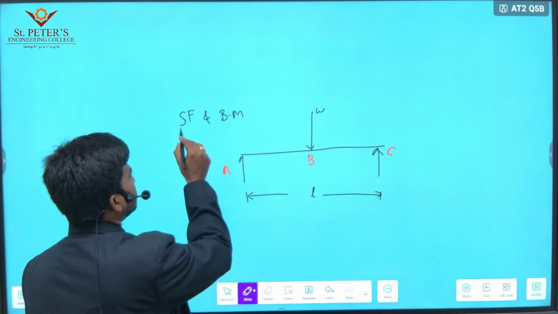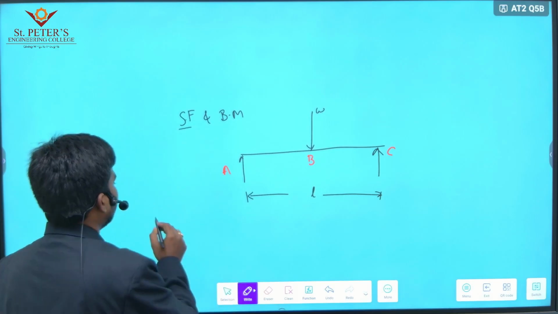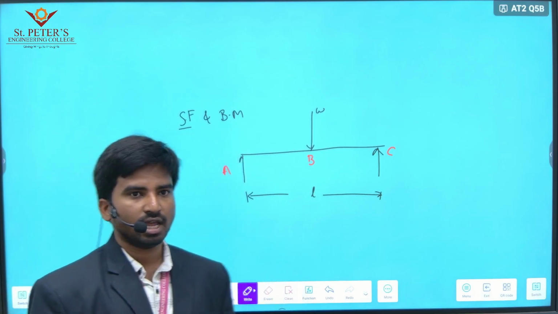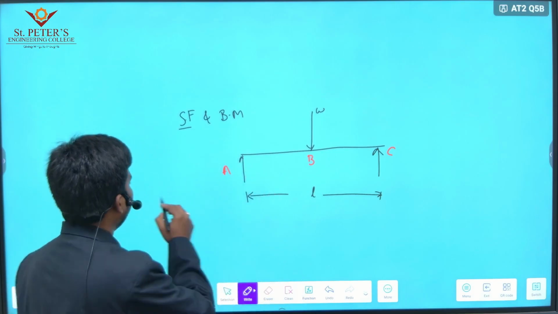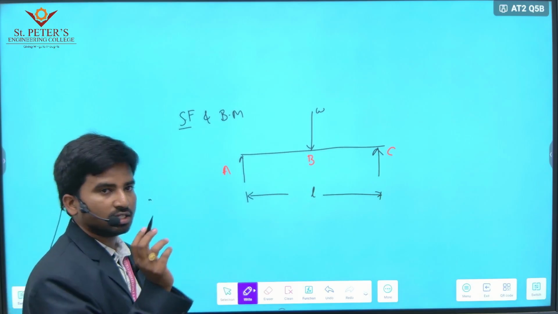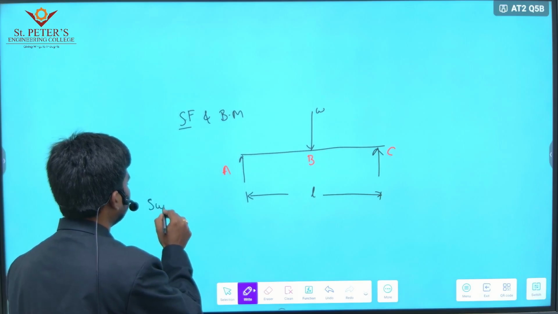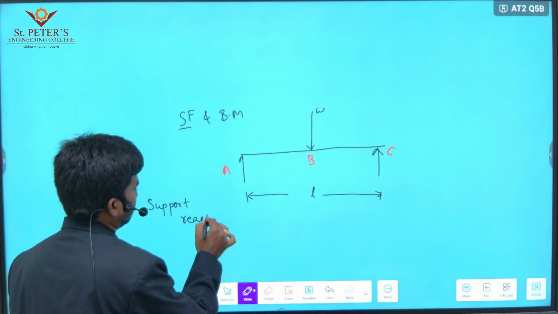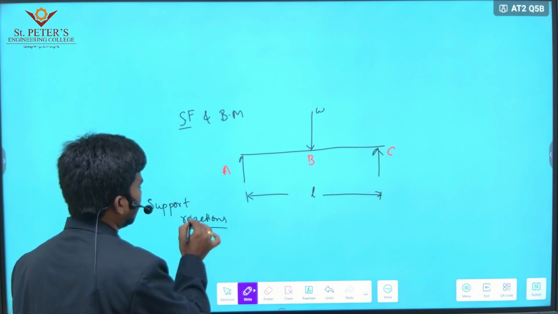Shear force is nothing but the algebraic sum of all forces on the entire section. Before calculating shear, we calculate the support reactions. How to calculate these support reactions?